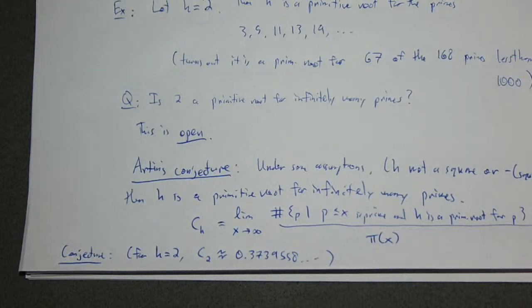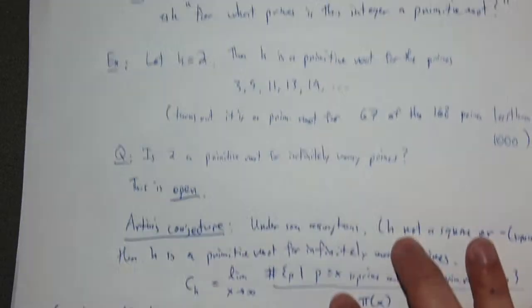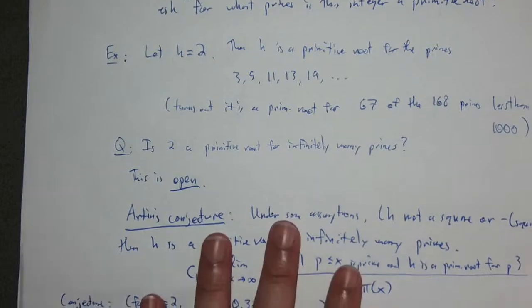So this converse question, this backwards question of starting with an integer and asking for what primes it's a primitive root of, is a much harder question.